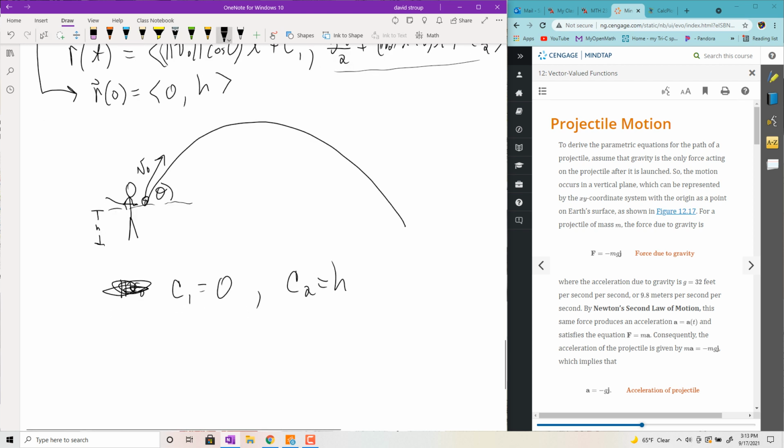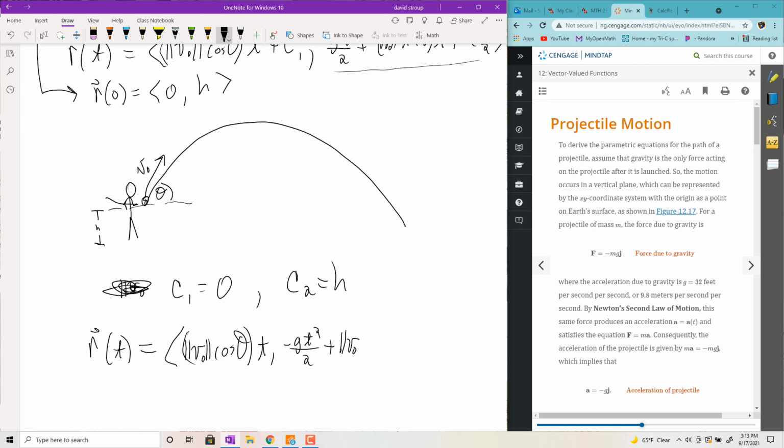Okay, so ultimately, long story short, the position function for projectile motion, in particular when you're dealing with baseballs, is the magnitude of the velocity times cosine of theta t, comma, negative gt squared over 2 plus the initial velocity times sine of the initial angle times t, and then plus h.